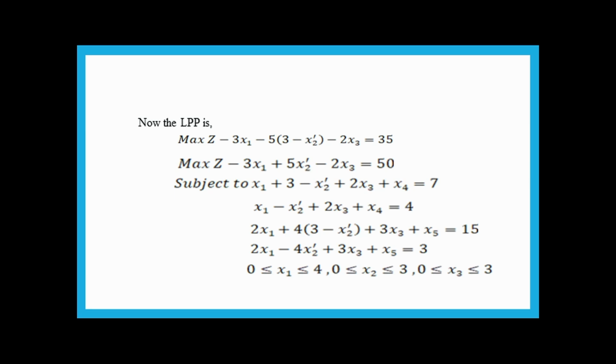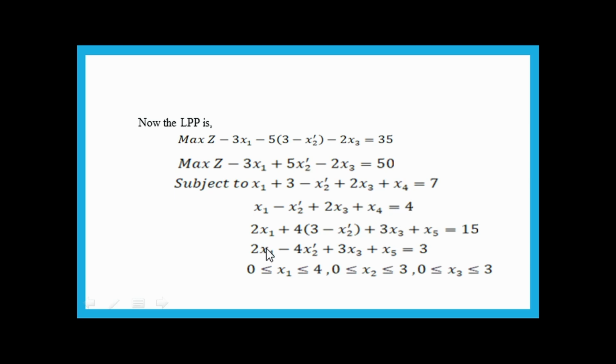Therefore minus 5 into 3 minus x2 dash minus 2x3 equal to 35, which implies maximize z equal to minus 3x1 plus 5x2 dash minus 2x3 equal to 35 plus 15 is 50. Subject to the constraints x1 plus 3 minus x2 dash plus 2x3 plus x4 equal to 7, which implies x1 minus x2 dash plus 2x3 plus x4 equal to 7. This plus 3 is changed into minus 3, so 7 minus 3 is 4.